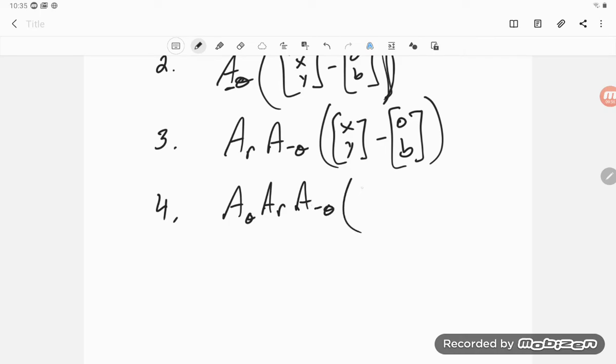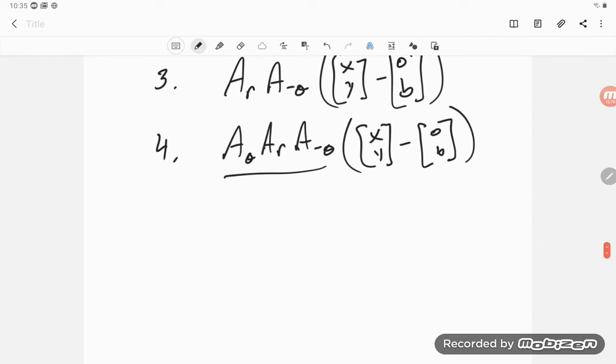Now, the nice part is this part is just that angle portion. And so 0b. And so that is just the cosine 2 theta.